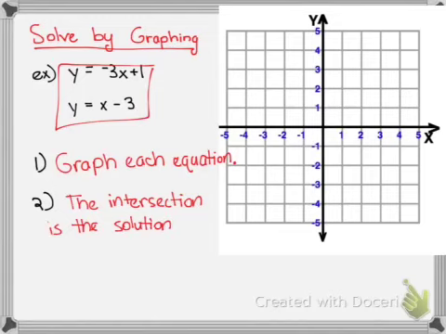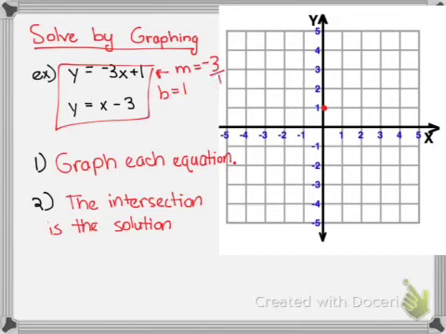Okay, so let's go ahead and graph the first one then. We have y equals negative 3x plus 1. So here, in the first one, our slope is negative 3. Our y-intercept is 1. If you remember from the night before, we graphed the y-intercept first, so that is up positive 1. And then our slope here is negative 3. This can also be written as negative 3 over 1.